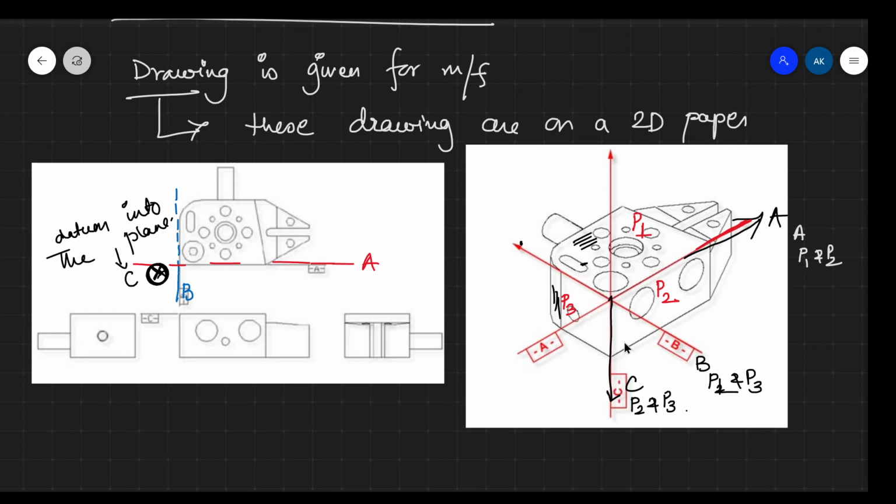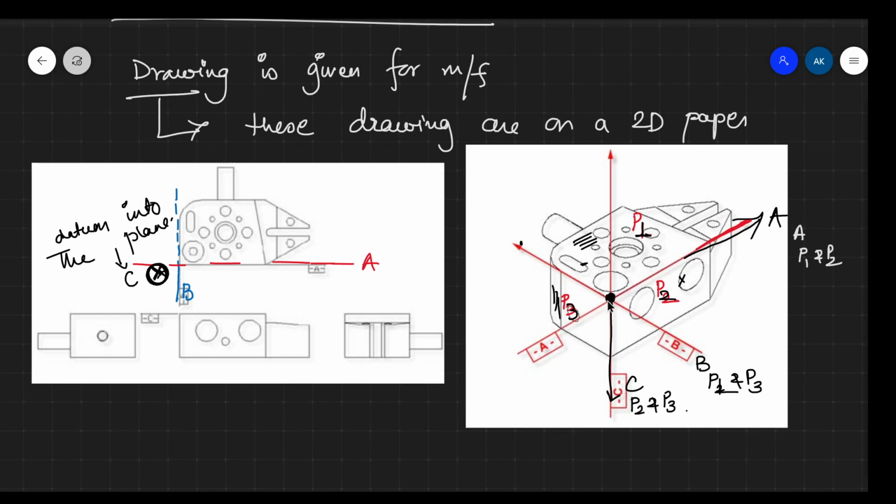So if in software we just select these three planes, 1, 2, and 3, automatically this point will be taken as origin, and it will become the reference point for all the points measured on this component.